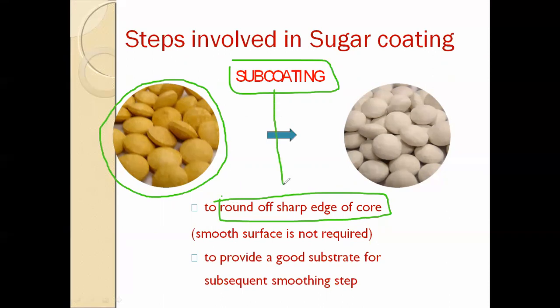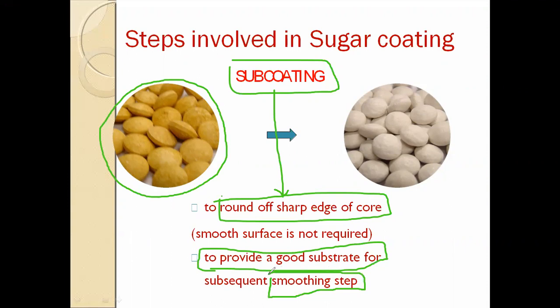Subcoating is mainly done for this purpose. Here the smooth surface is not required. It also provides a good substrate for the subsequent step of smoothing.